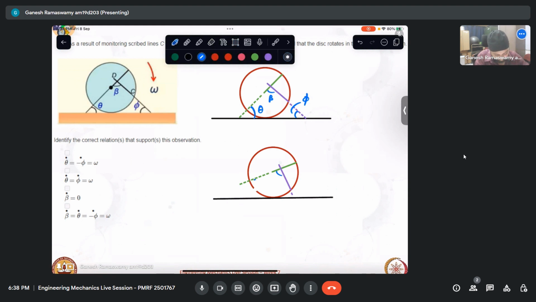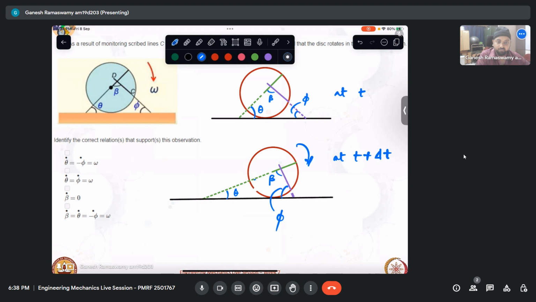Now the question is whether I extend it to the fixed reference. I extend this also to the fixed reference. Now again, after that time t, this is my phi now. This is theta now. And this still happens to be beta. Now I can see that once this has rotated, at t plus some delta t, once it has rotated this way, these are the angles from the fixed reference I'm observing.